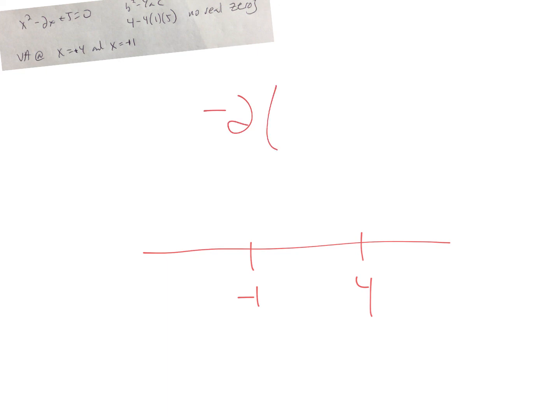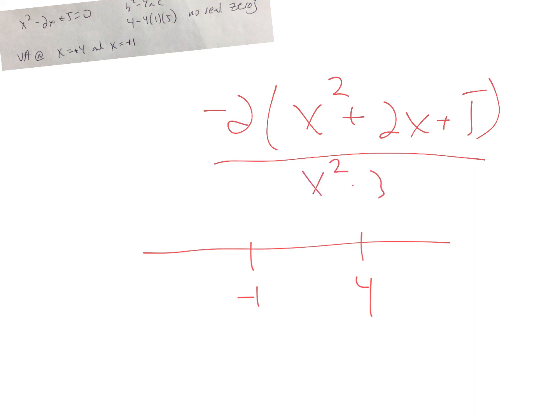-2 times x squared plus 2x plus 5 all over x squared minus 3x minus 4 squared. So the denominator is always squared, so that's always going to be a positive.